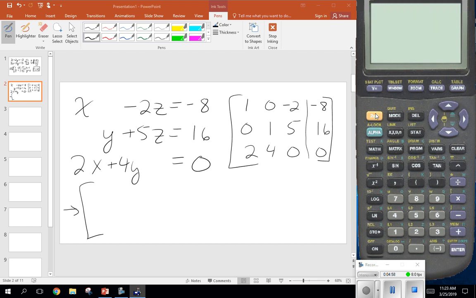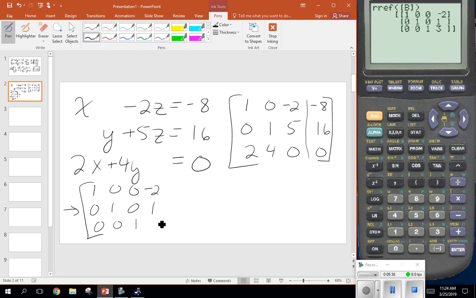And now I have to do some matrix math, so I'm going to go to second matrix, go over to math, go down to RREF, not the REF, but RREF, reduced row echelon form, select it, go to second matrix, select your name, and remember we put this under B. And so we got an answer, looks like 1, 0, 0, -2, 0, 1, 0, 1, and 0, 0, 1, 3.